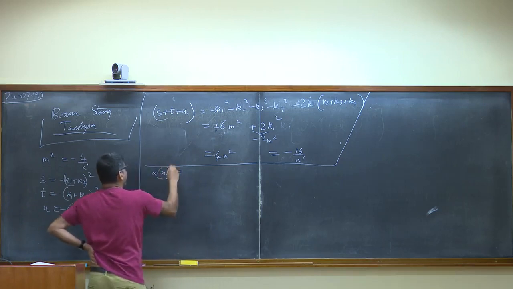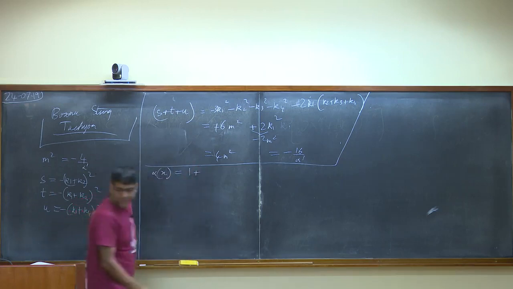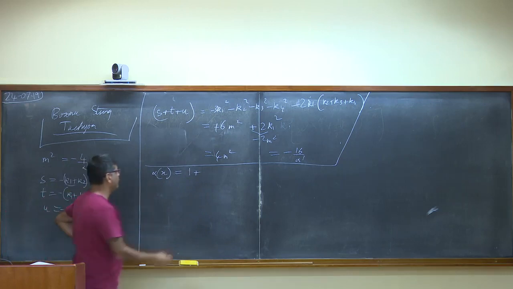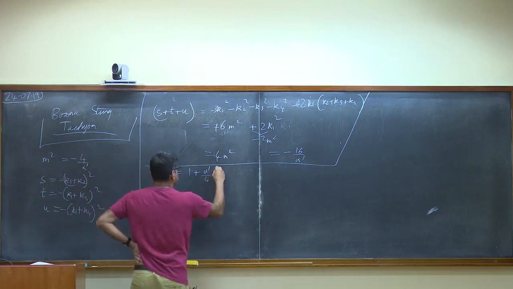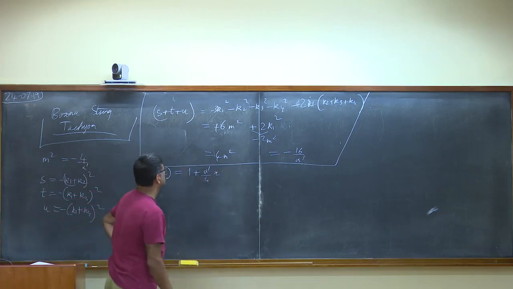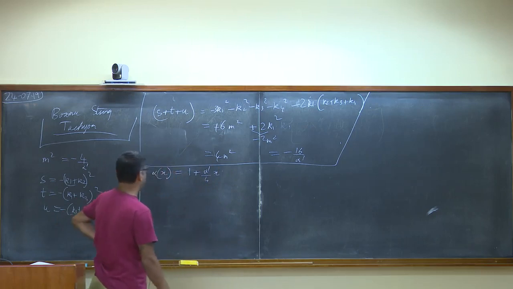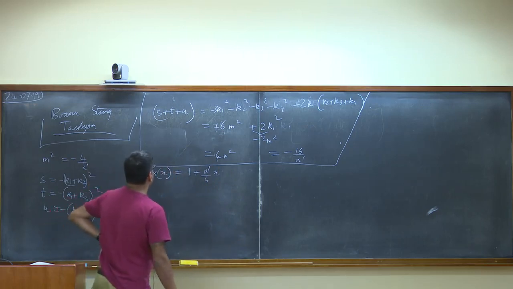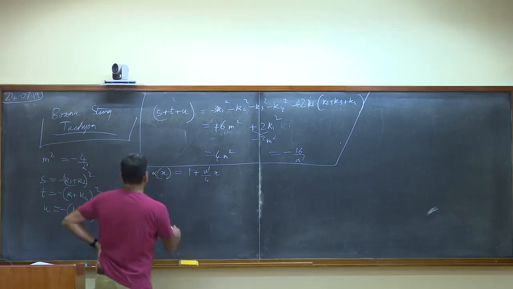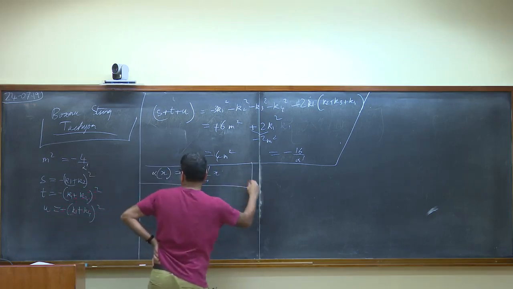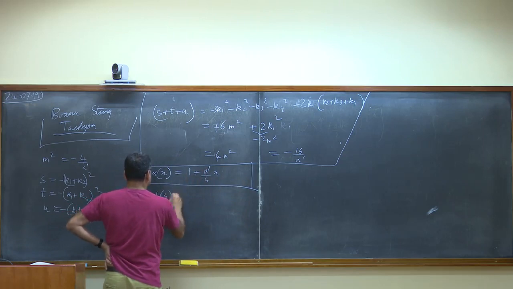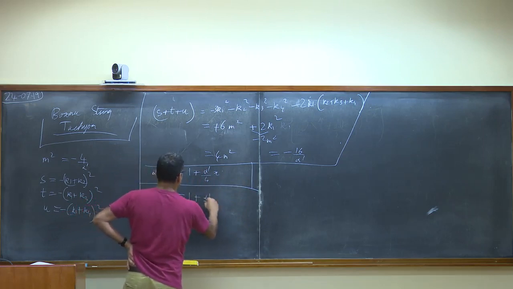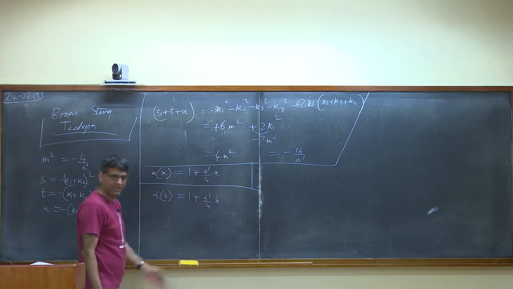He defines the function alpha x to be 1 plus alpha prime by 4x. Okay. So now let's look at alpha s is 1 plus alpha prime by 4s, and similarly with t and u.